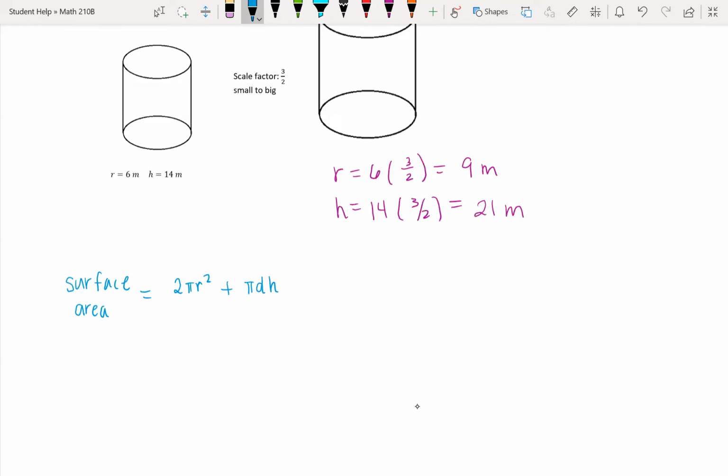So the surface area is going to be 2 times 36 pi plus 12 is the diameter times pi times 14.